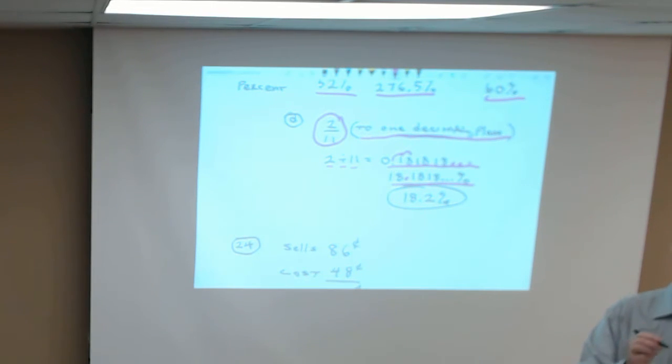To 1 decimal place. Okay, here's 1 decimal place. Now, do I change it? See, what I have is 18.1818 ... percent. I change it to 1 decimal place. So do I leave it 18.1 or do I make it 18.2? Because this is an 8, so I have to round it up to 2.